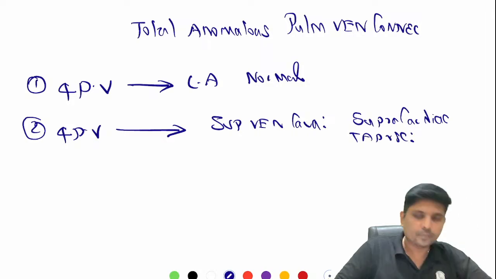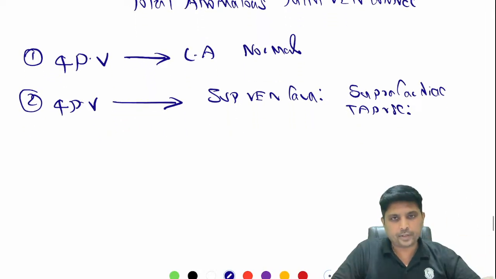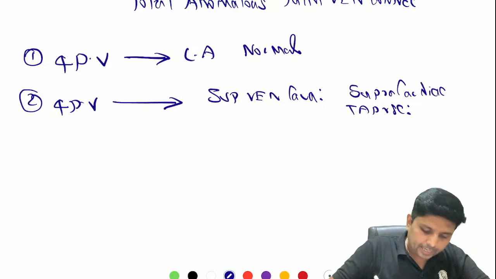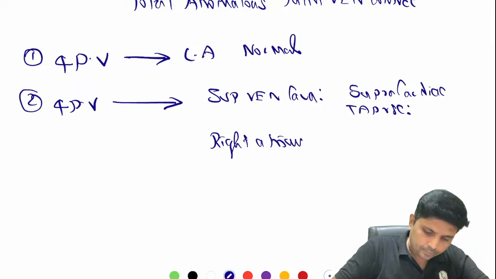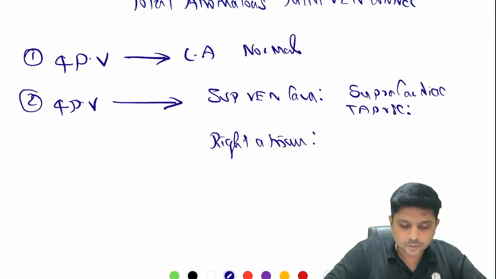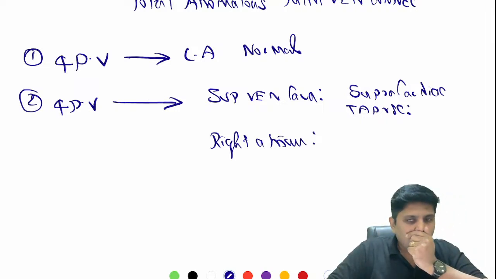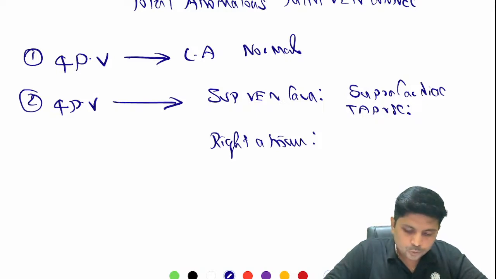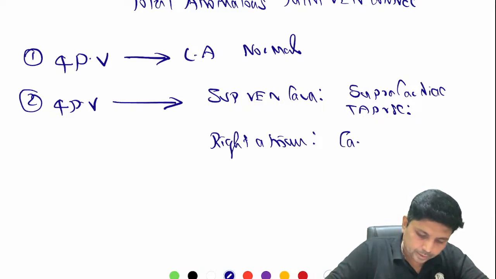Or it can drain into right atrium through coronary sinus. Then it is called cardiac.